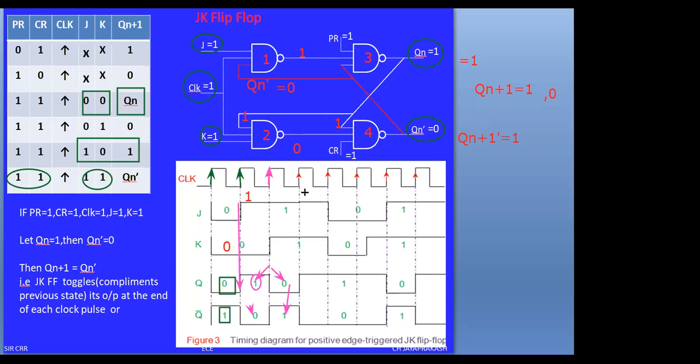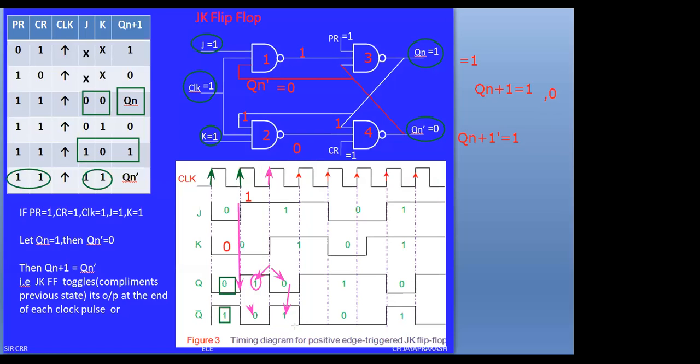I am highlighting this condition in the clock pulse. We are seeing this condition during this interval of time. When the clock is triggered from 0 to 1, J equals 1 and K equals 1. Therefore, the Q will be complemented. If the previous Q is 1 it becomes 0, or if 0 it becomes 1.